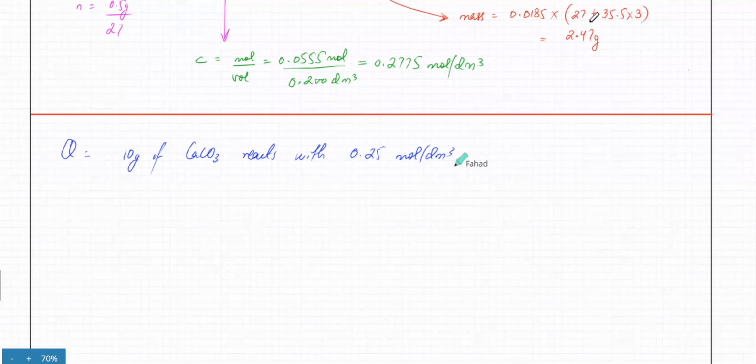Now this mole per dm cube, remember, is concentration. Okay, the unit is concentration. 0.25 mole per dm cube of phosphoric acid.